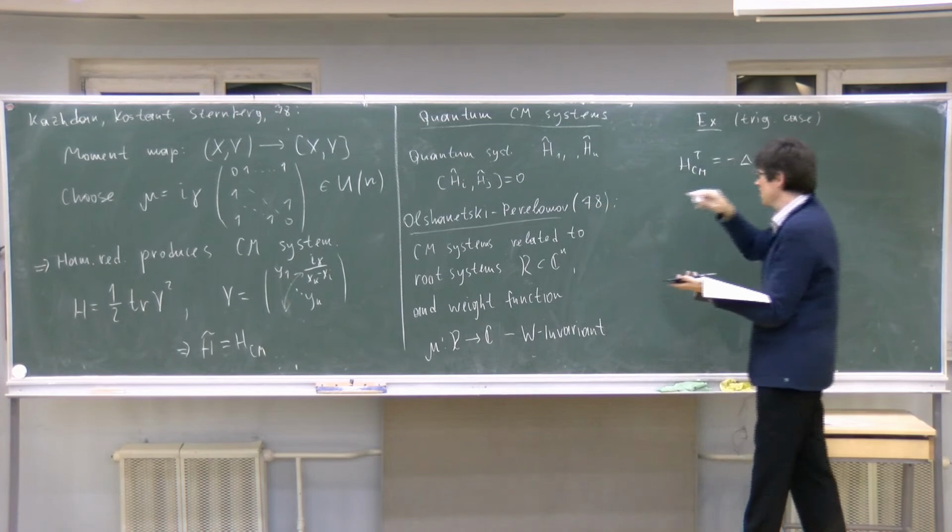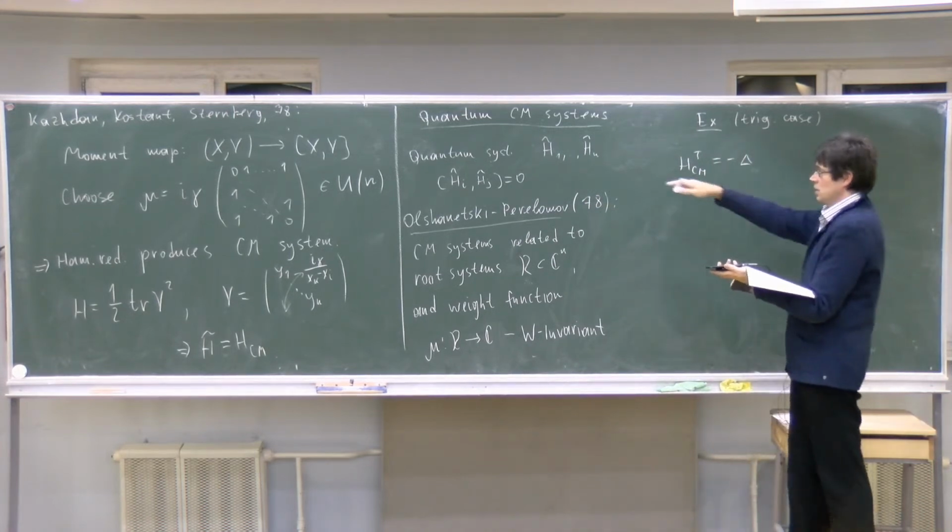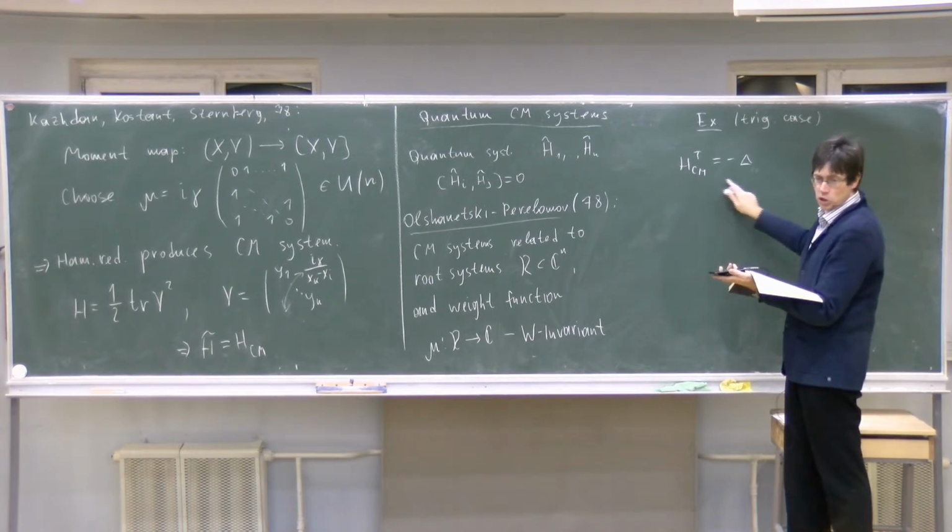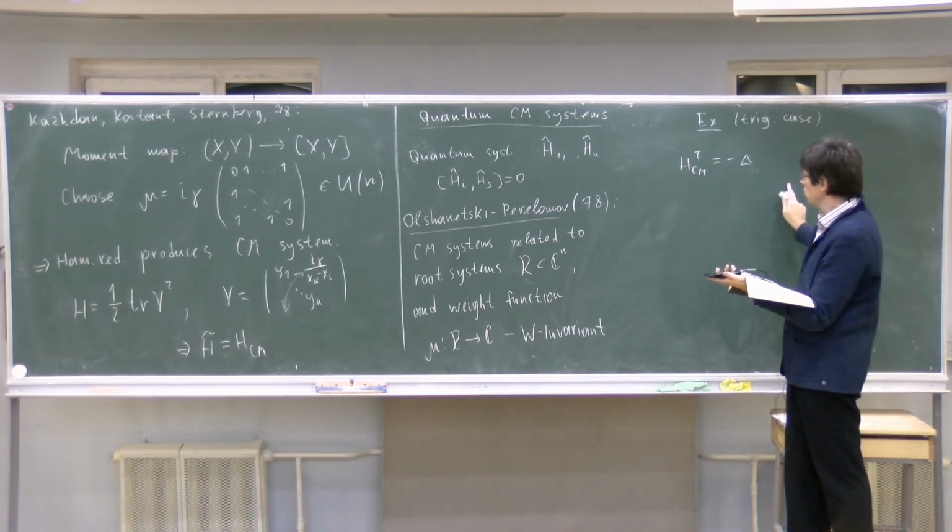But a Calogero system is a quantum system for which the first Hamiltonian is a Schrödinger operator. So what did Olshanetsky and Perelomov do?